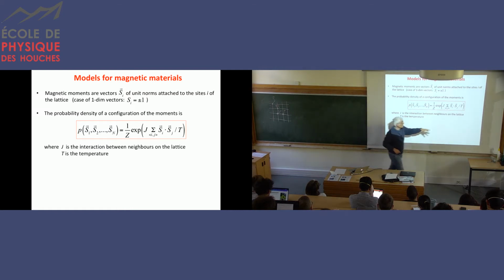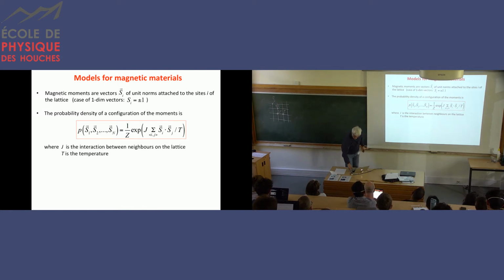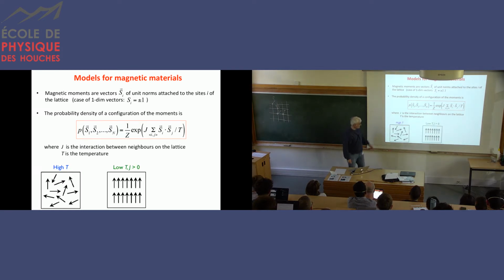While if you decrease the temperature, if J is positive, then they will have a tendency to align with each other, because the dot product is maximal when they point in the same direction. This is what you see here in this cartoon. At high temperature, you would expect a typical configuration to be like that. At low temperature, if J is positive, it should be something like that. They all point towards one direction, which here is the vertical axis, but it could be anything. It doesn't change, by a global rotation.